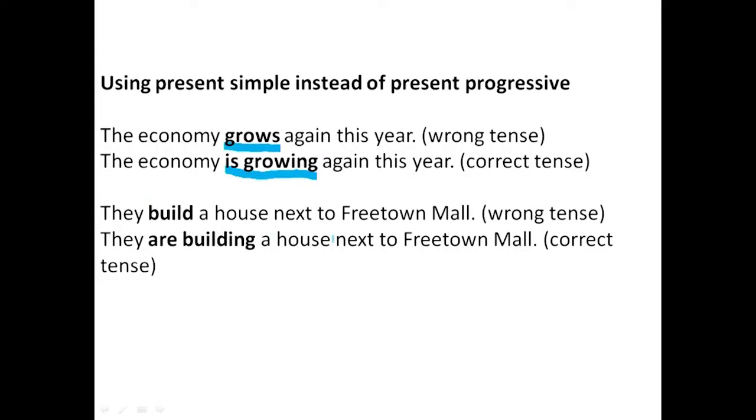So we come down to: they build a house next to Freetown Mall. They build a house next to Freetown Mall. But we say we use the present simple to talk about fact, something that is ever the same, something forever truthful. So the idea about building is something that will not last forever.